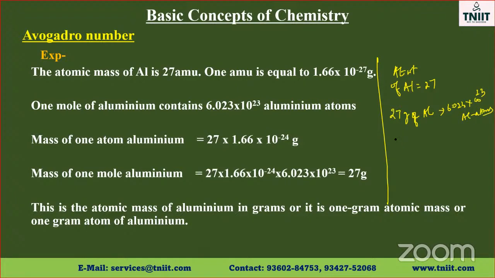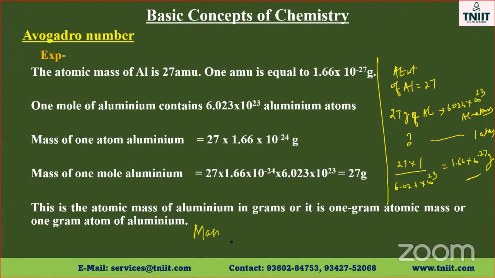So if I ask you, what is the weight of one atom of aluminum? The mass of one atom of aluminum will be found by cross multiplication. That will be 27 into 1 divided by 6.023 into 10 power 23. This will give you 1.66 into 10 to the power minus 24 grams. This value. Now we are going to generalize.